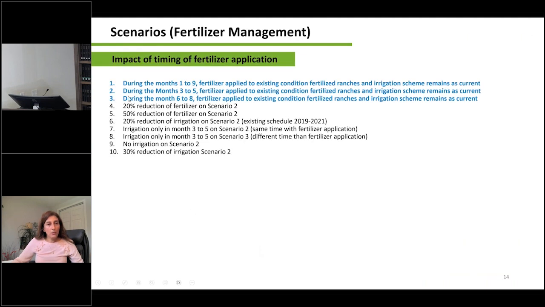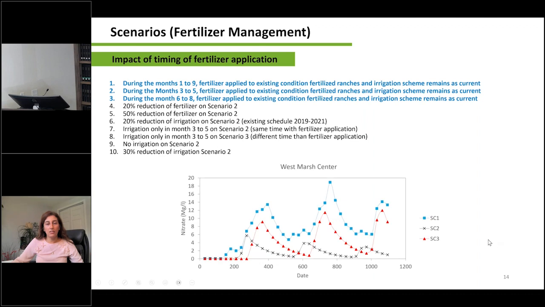So for the first 3 scenarios, which were the timing of fertilizer application, let's look at the results. We could see that in the worst case scenario, we have the highest nitrate amount. If we apply it in the dry season, which is the black or gray one, the amount of nitrogen is reduced a lot compared to the worst case scenario.